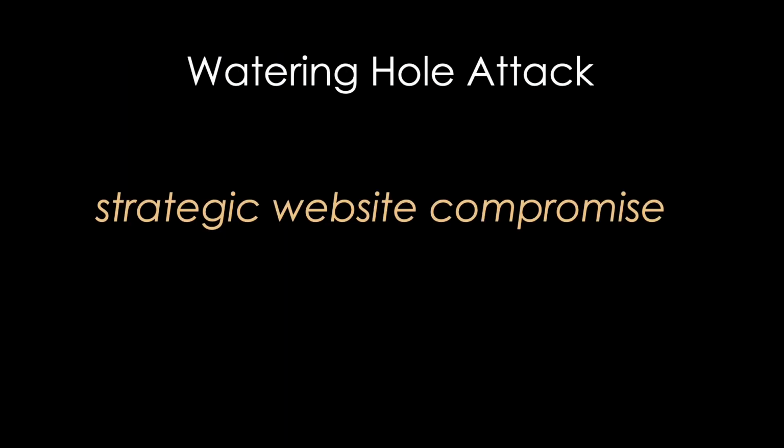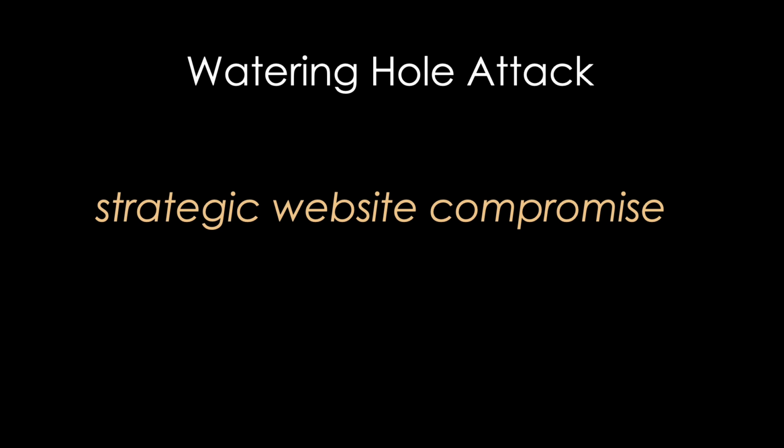That's why the watering hole attack is also called strategic website compromise, because the websites that these employees are using are being compromised and thereby distributing malware to the victim company.